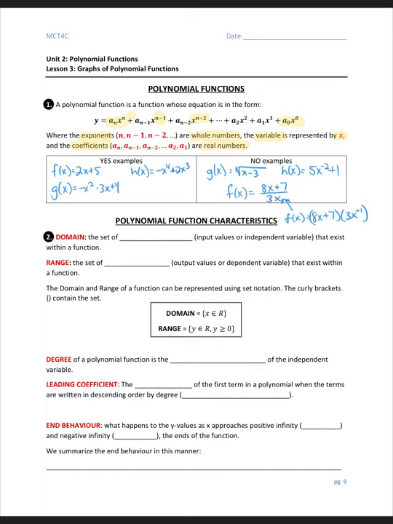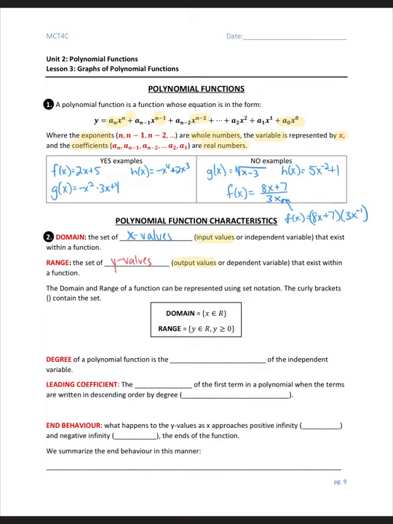So if we want to talk about the characteristics before we start looking at the graphs, let's recall what domain is. Domain is the set of x values. So all the possible x values for that polynomial function, or our input values, we would say, that exist within a function. Our range is our y values, or our output values that exist within a function.